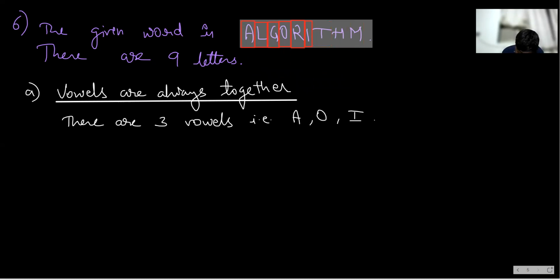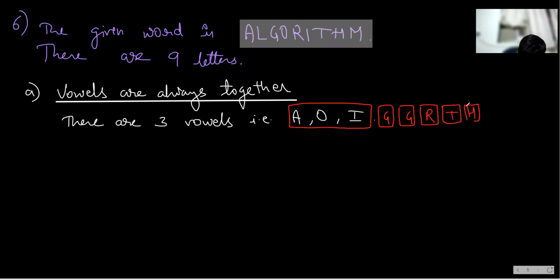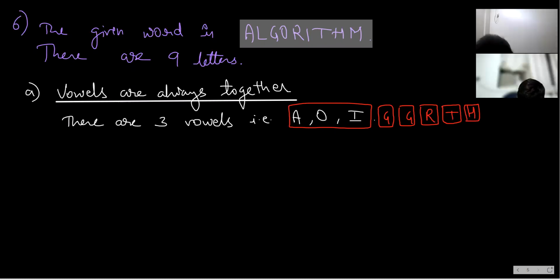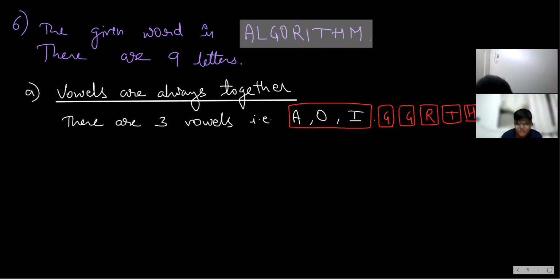They are all independent. But when you want all the vowels together, you will make these three vowels one unit, and the other six letters, G, L, R, T, H, M, you will make another 6 units.